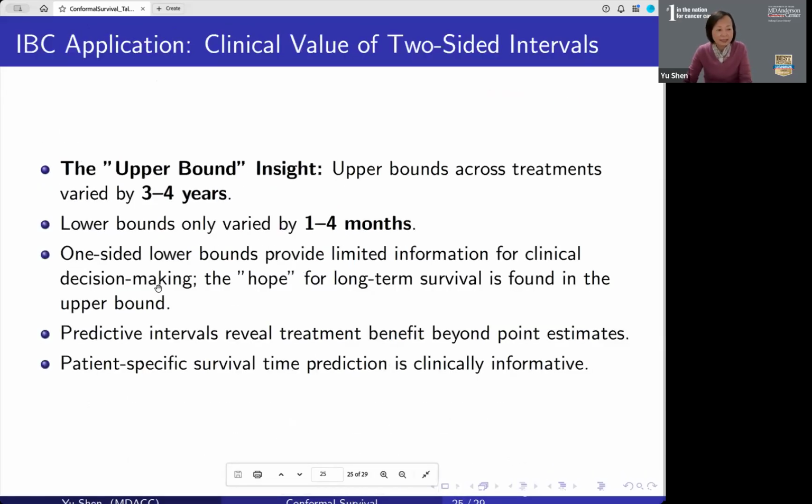Really, the hope for long-term survival can be found in the upper bound. The upper bound across those different treatment strategies varies by even 3 to 4 years. So those predictive intervals can help reveal treatment benefit beyond a single point estimate. So it's clinically informative.